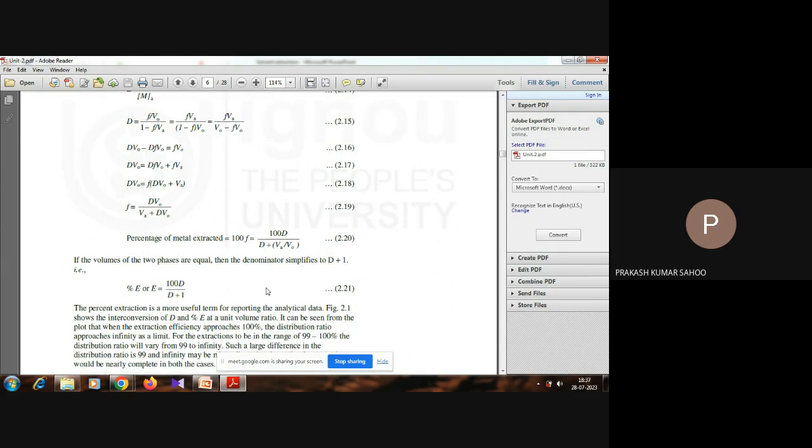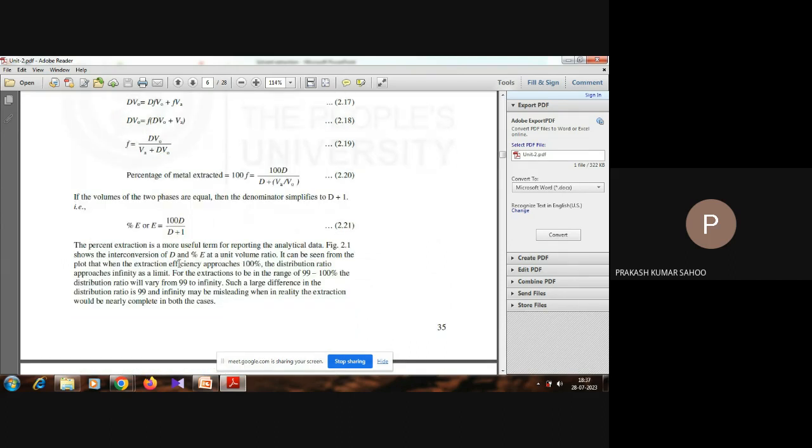Finally, we have percentage of extraction efficiency equal to 100D by D plus 1, where D plus VA by VO is the denominator. The volume of organic phase divided by volume of aqueous phase is taken as 1. Let the volumes be equal, then this will be 100D by D plus 1.